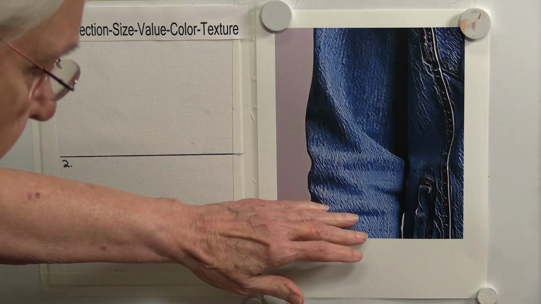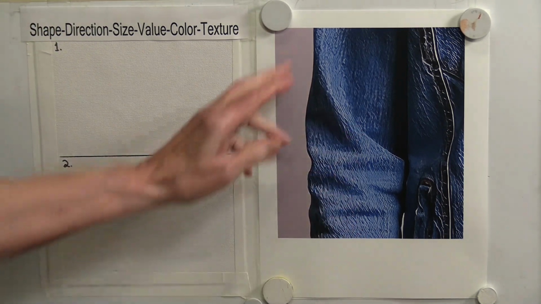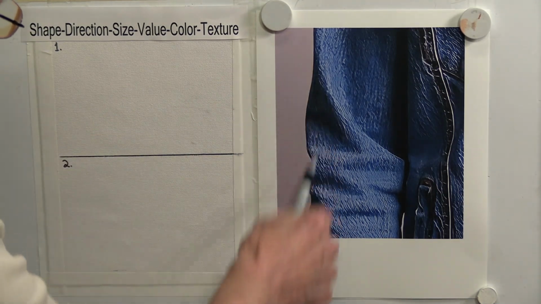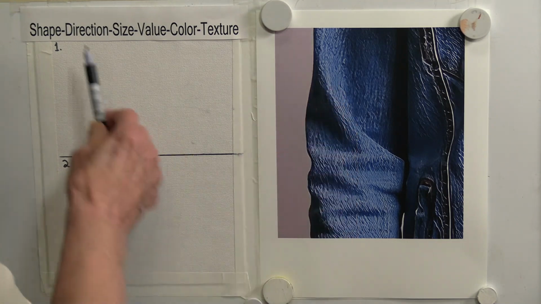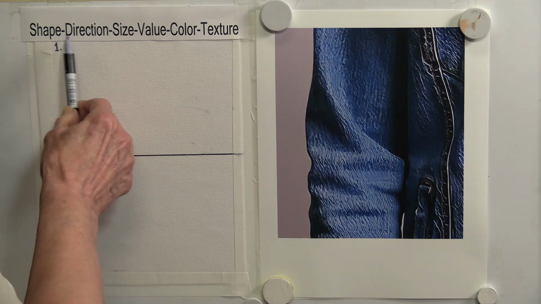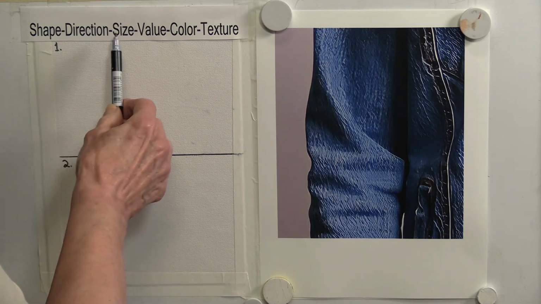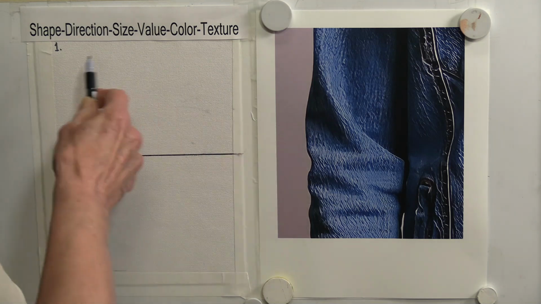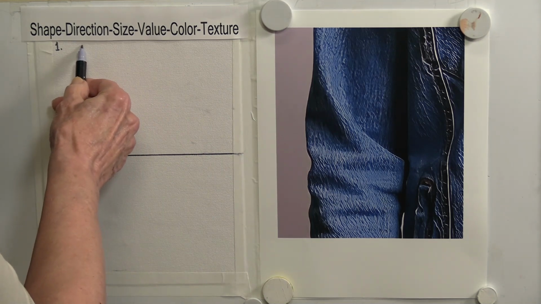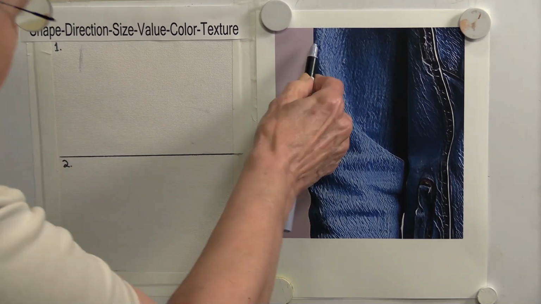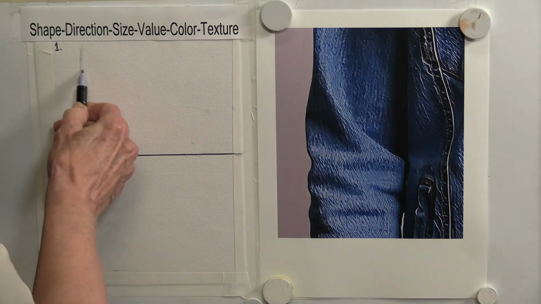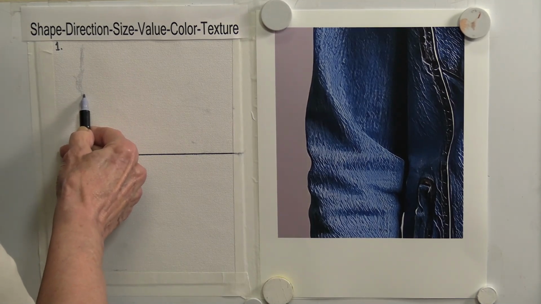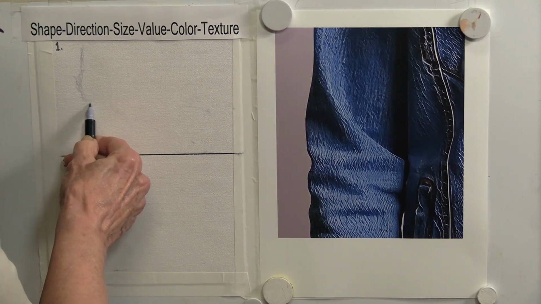So what are we looking at here in the way of shape? We are looking at edges that move downward in pretty much a vertical direction. Shape, direction. Shape is made from direction and size. And if I were doing just a study of it, then what I would do is study what's happening on those edges, because I want to get that shape correct in order to get the other parts correct.